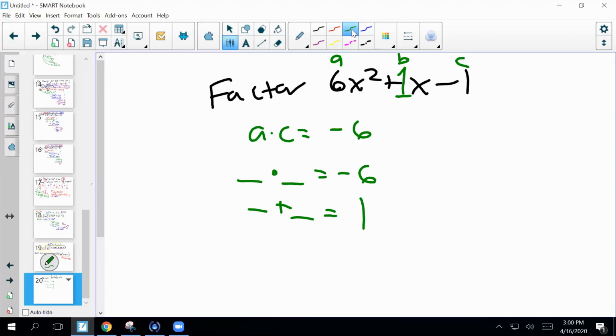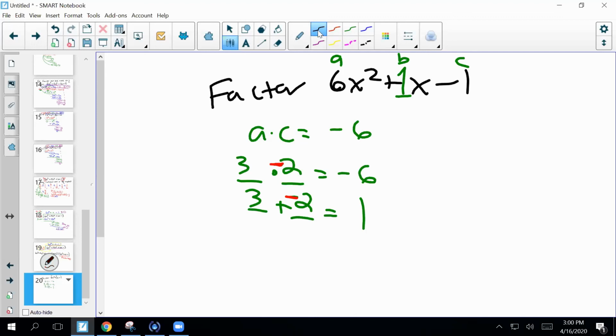So they're going to add to 1. I can already see that 3 and 2 are probably a good possibility here. So if we make the 2 negative, that should work nicely.